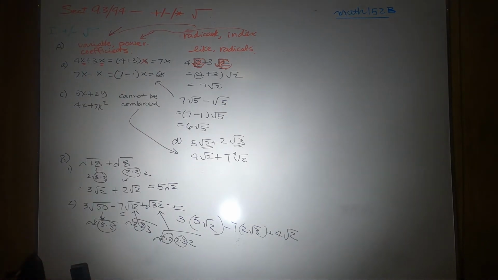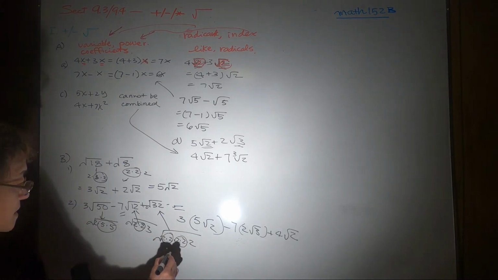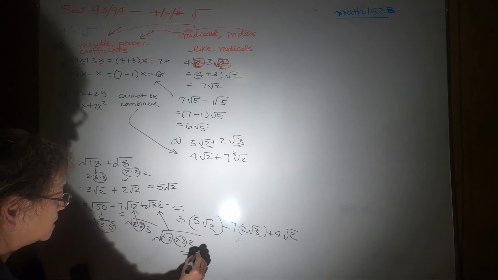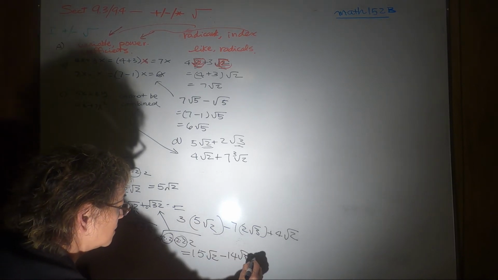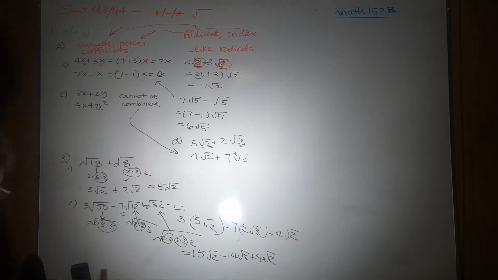So first you simplify them, right? So what do we have? So this one is what? 15 square root of 2 minus 14 square root of 3 plus 4 square root of 2, right?